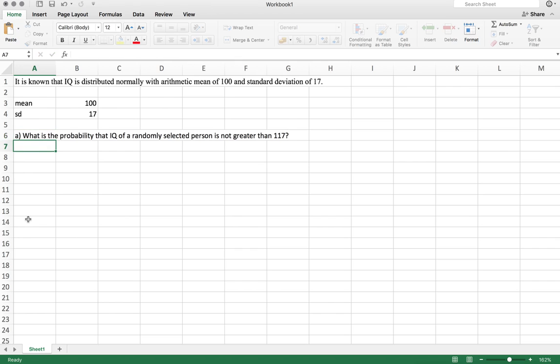So we'll try to answer the question, what is the probability that the IQ of a randomly selected person is not greater than 117? Because the question asks not greater, meaning less than this, we need the left-hand side of the distribution.